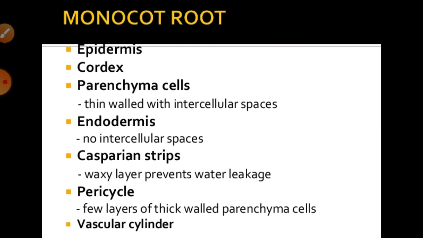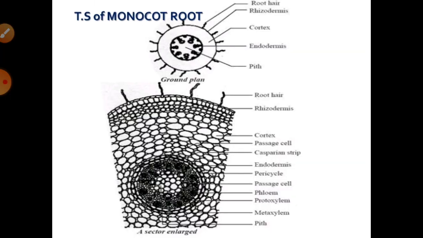After that we have to talk about the vascular strands. The vascular strands are formed of alternate radial xylem and phloem bundles. The vascular bundles are arranged in the formation of a ring around the central pith, as you can see in the diagrams.